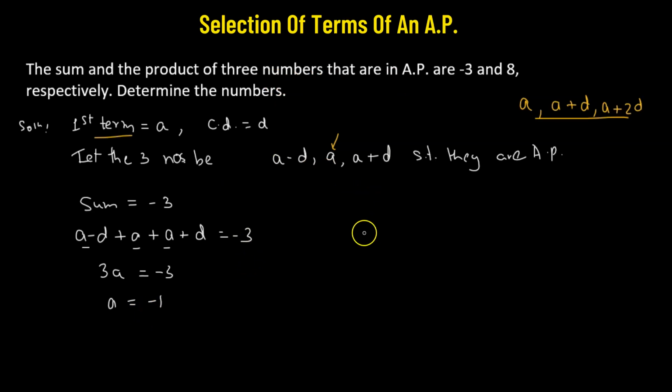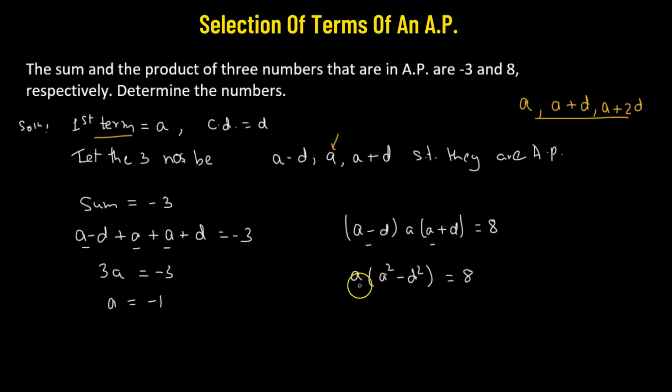We'll use the second case. It's given that the product a minus d, times a, times a plus d, is equal to 8. Now we have a multiplied by a minus d times a plus d, and by the identity that's a squared minus d squared, so this will be equal to 8.